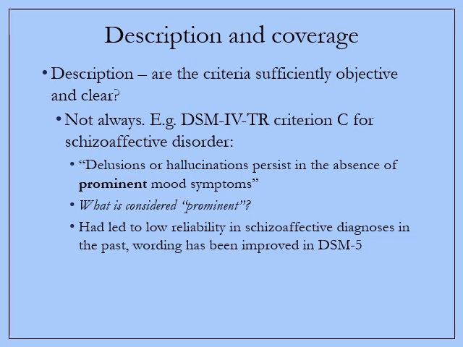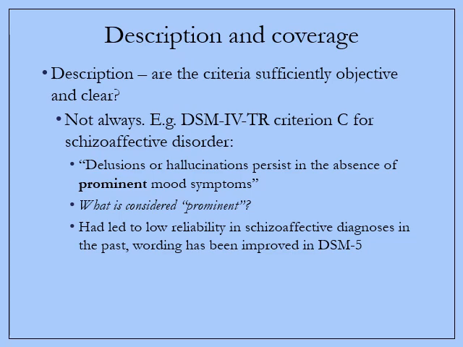So for example, in the DSM-4 TR, criterion C for schizoaffective disorder, which is something like a cross between schizophrenia and bipolar disorder, or schizophrenia and depression, was that delusions or hallucinations persist in the absence of prominent mood symptoms.